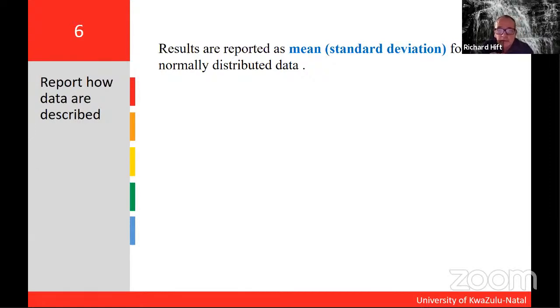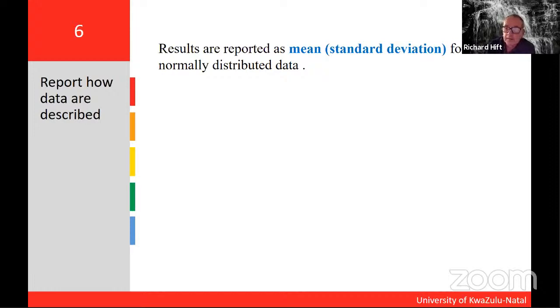For example, you may state, results are reported as mean, open parenthesis, standard deviation, close parenthesis, for normally distributed data. Then you've told people up front how you're reporting your data. And secondly, you're telling them the format in which you're reporting it, so that when they come across results in that format, they'll know what you are talking about.